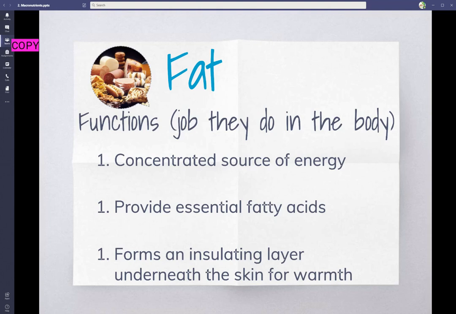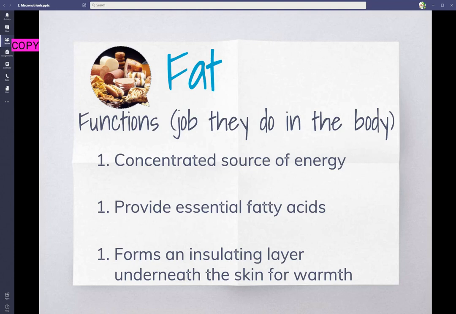And I think that most people know that if you have too much fat in your diet, then this could lead to things like obesity, and with that comes a lot of other health implications, such as having high blood pressure or coronary heart disease. Not enough fat in the diet is just as dangerous. I think quite often we assume that being obese or overweight is a lot worse than being underweight, but these are just as bad as each other.